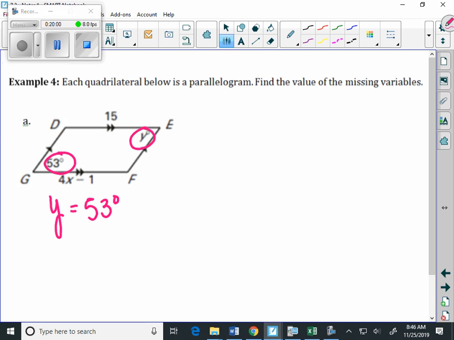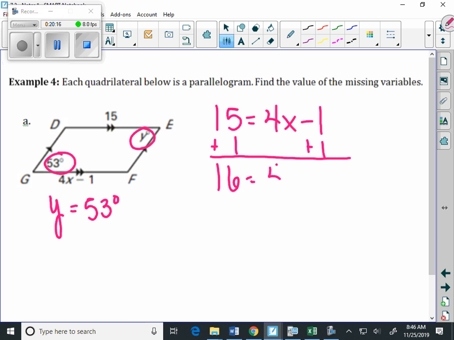So what we can say is 15 equals 4x minus 1. By the way, if you wrote 4x minus 1 equals 15, that is fine. And then we're going to solve. 16 equals 4x, and 4 times x. We're going to divide, so we end up with x equals 4.